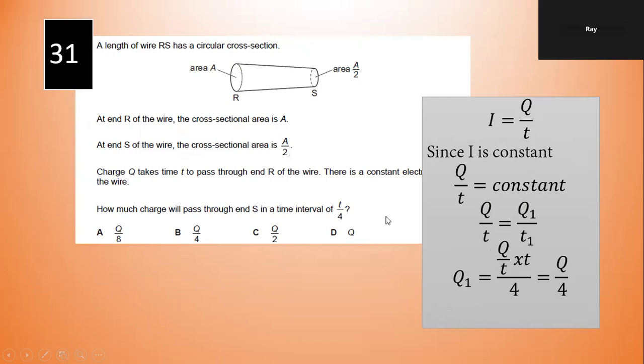Q1 is what we are interested in. How much charge will pass through in the time interval of T over 4? So cross multiply, Q over T, then multiplied by T over 4 becomes a quarter. Answer is B.